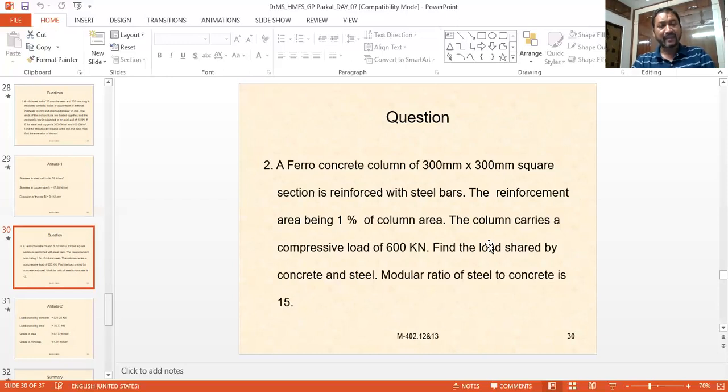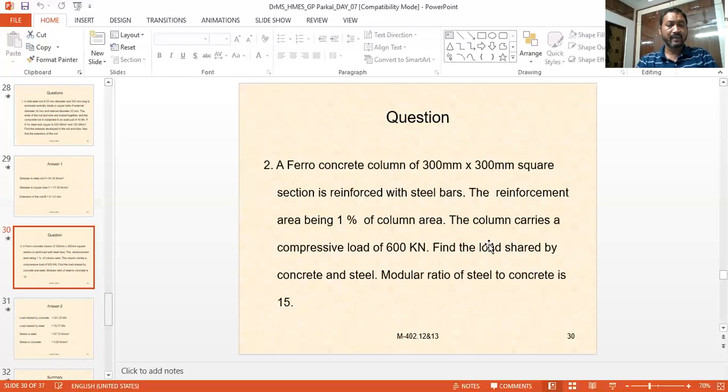The area of the concrete is equal to 99% of the column area, and area of the steel is 1% of the column area. The total area being the column area. So like that you have to calculate the areas for the steel and concrete. And next the remaining is same.